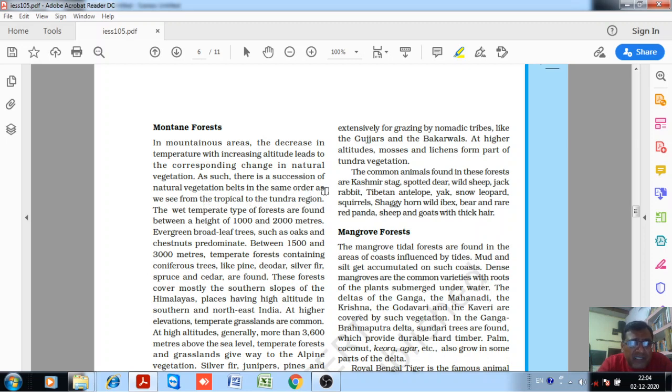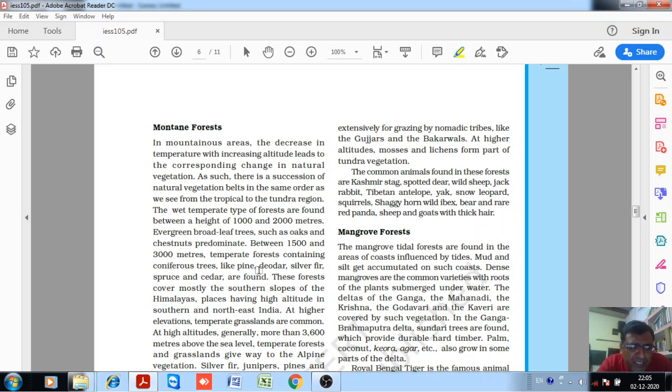There is a succession of natural vegetation belts in the same order as we see from the tropical to the tundra region. The wet temperate type of forests are found between a height of 1000 and 2000 meters. Evergreen broad leaf trees such as oaks and chestnuts are predominant between 1500 and 3000 meters.